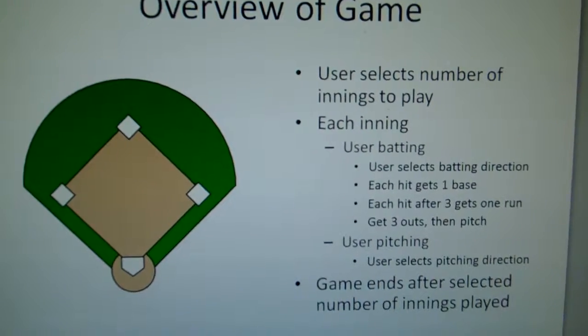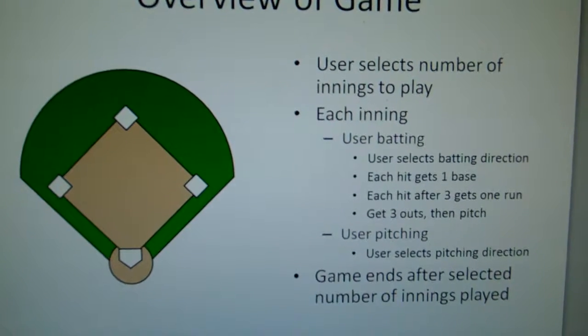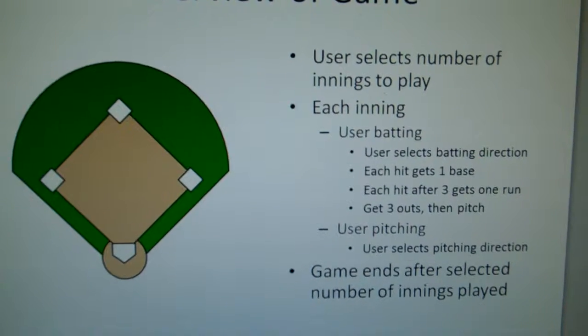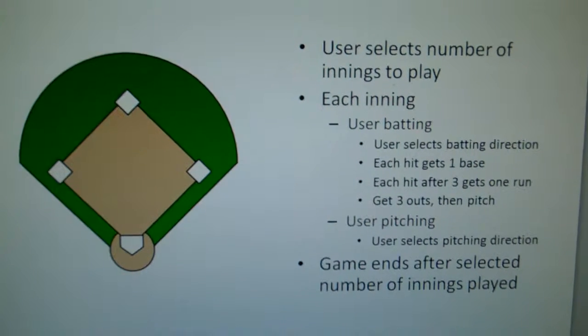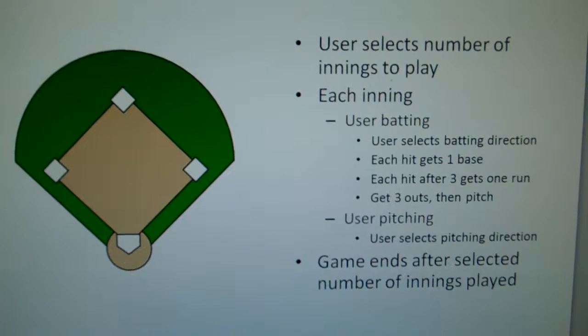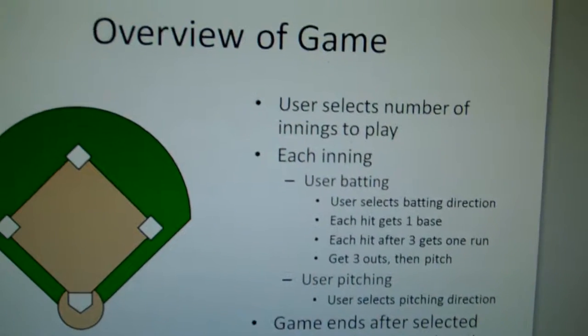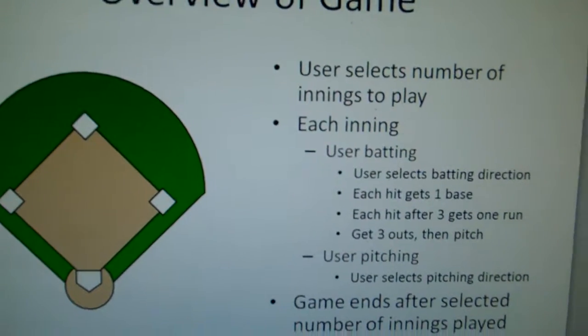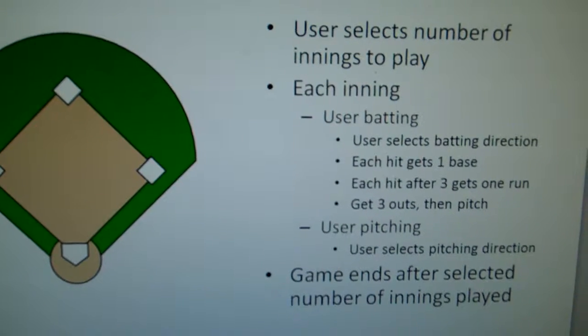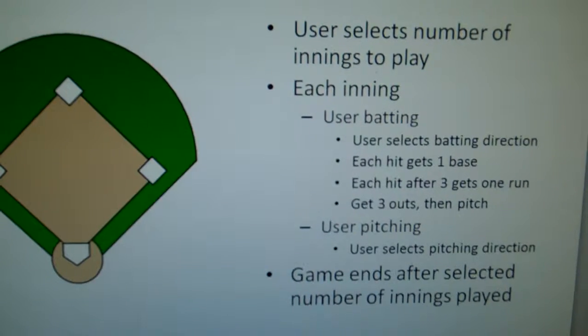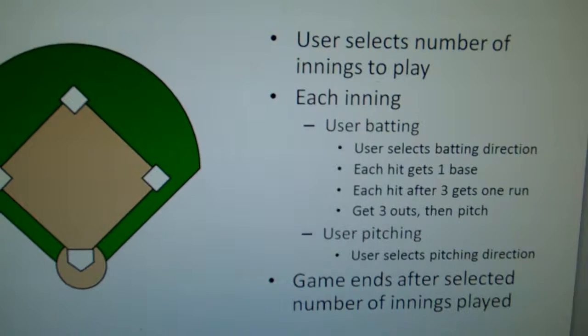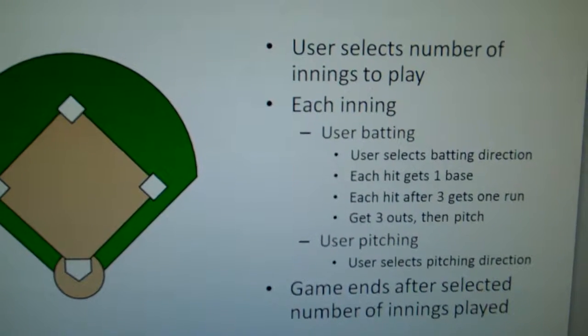And then for each inning, the user is up to bat once, and the user selects a batting direction: left, up, right, down. And if that batting direction matches a randomly selected pitching direction, then the user gets a hit, and each hit you get one base.